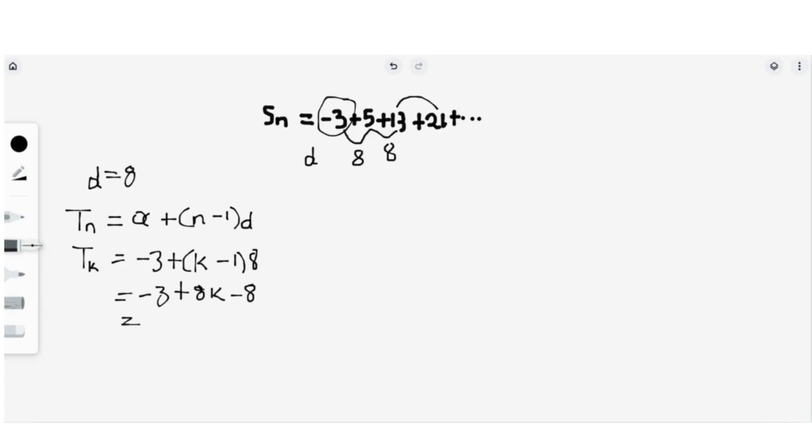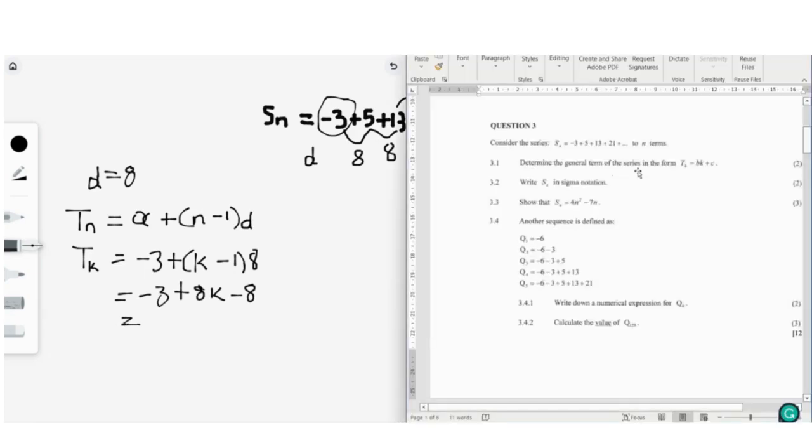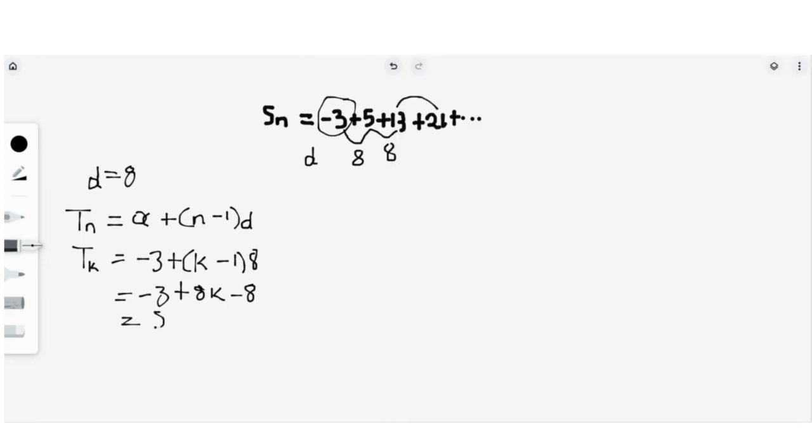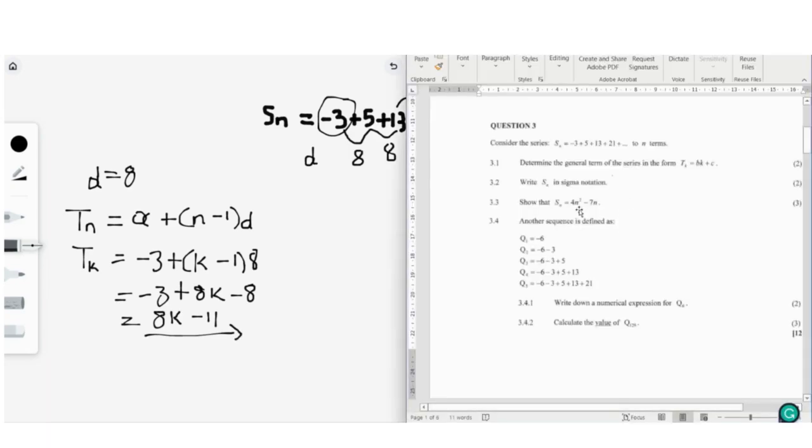Then let me see the form they wanted, bk plus c. So we have 8k, and -3 minus 8 will be -11. Tk is equal to 8k minus 11 in that form.